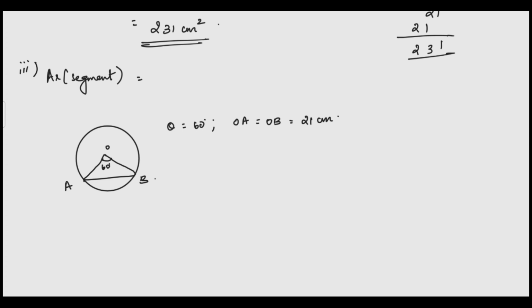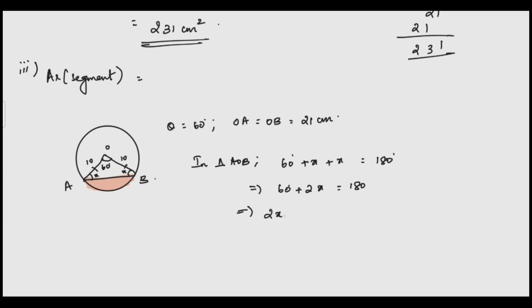To find the area of segment, that is this part, we have to know the area of triangle AOB. Since OA and OB are equal, we come to know that angle OAB and OBA are equal, and let us consider that to be x. In a triangle, sum of interior angles is 180 degree. So we will get 60 plus 2x is equal to 180 degrees.